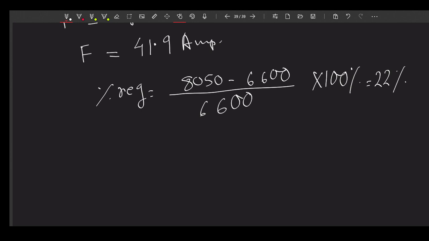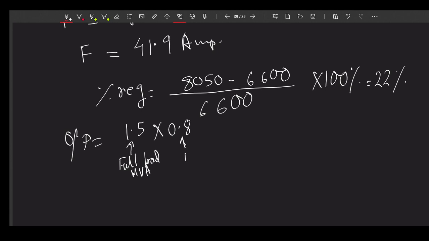So what about output? This is full load MVA. This is load power factor. So, okay.